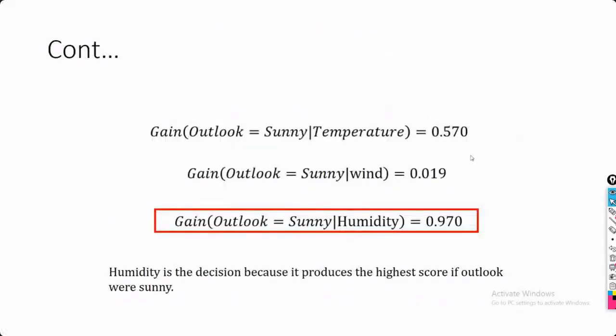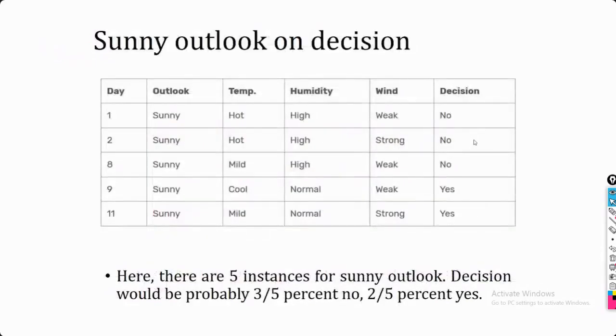Next, as I have calculated the gain with respect to sunny, we are going to see, for example, if I am checking it for temperature, how many value combinations we are having. First, we are having hot, next mild, and third one is cool.